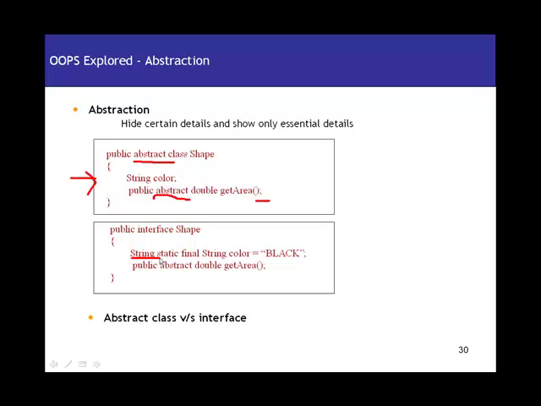But these two are completely different classes, right? They don't come from the same class hierarchy. They come from two different hierarchies, but they have a common feature or behavior between them, and that feature is nothing but bounceable.